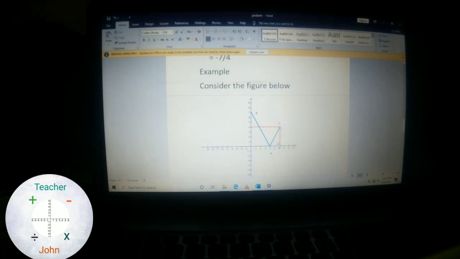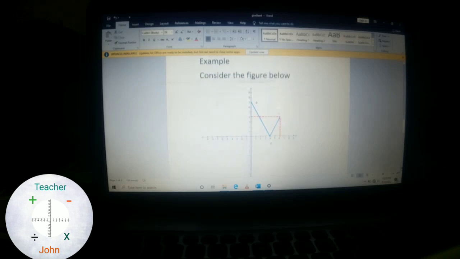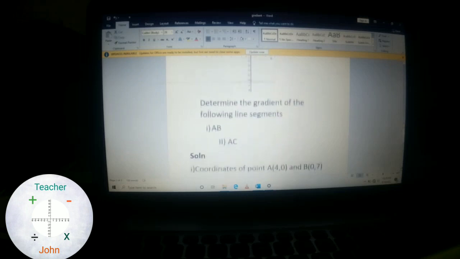C is here on 6, which means the points you will get are 6 and 4, so point C is (6, 4), because this is the x-axis 6 and the y-axis 4. And B remains as it was, (0, 7).